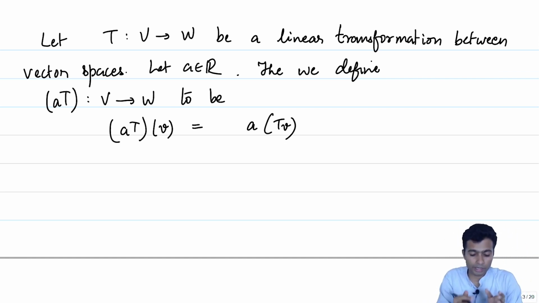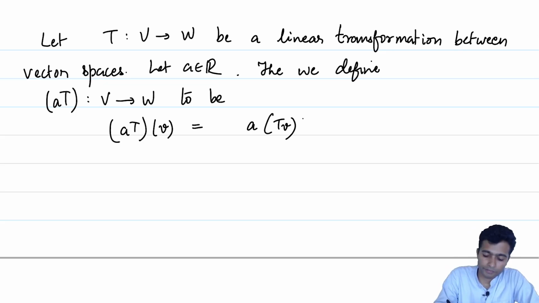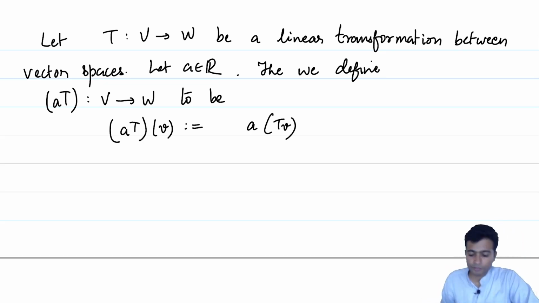Now, observe that aT a priori did not have a meaning of its own. aT is just a symbol. It is a function which acts on v and gives you some vector in W. And what is that vector? We already know that T is a linear transformation. So T(v) is a vector in W, and you look at the scalar multiplication of a with the vector T(v). We define (aT)(v) to be a times T(v).